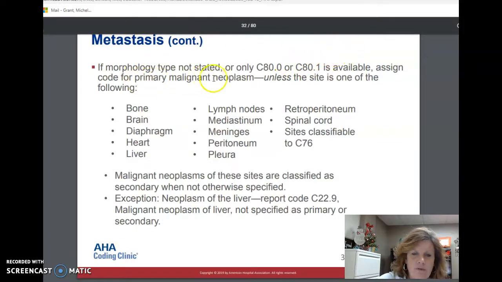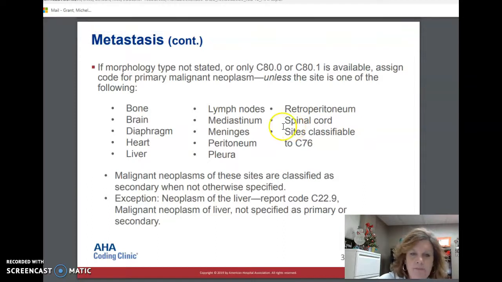You assign the code for the primary neoplasm unless the site is one of the following: bone, brain, diaphragm, lymph nodes. You go through all those. Malignant neoplasm of these sites are classified as secondary, very important here, and this is listed in your chapter, so just keep that in mind. Make sure you review this table in your chapter.